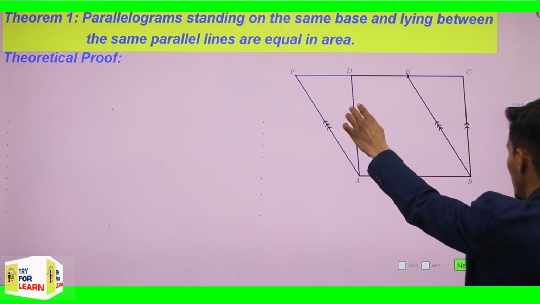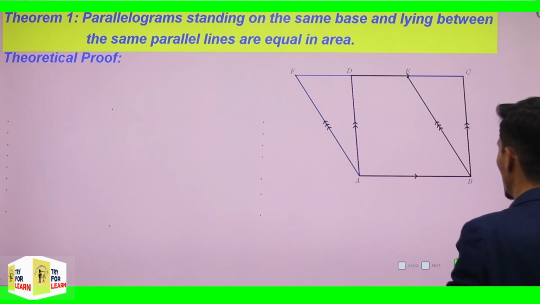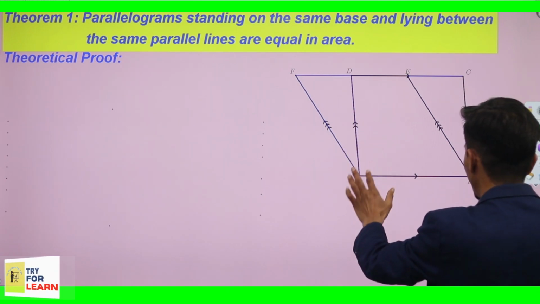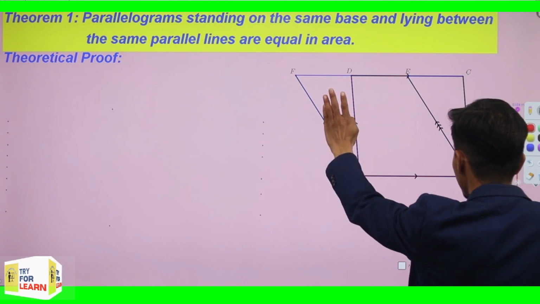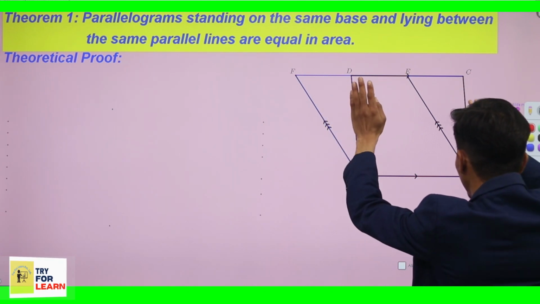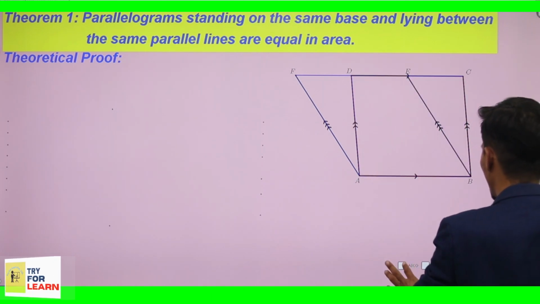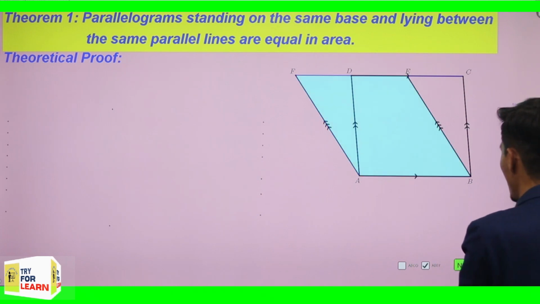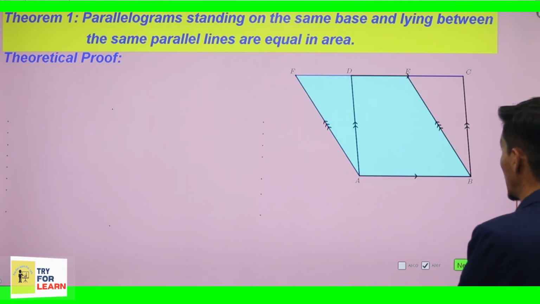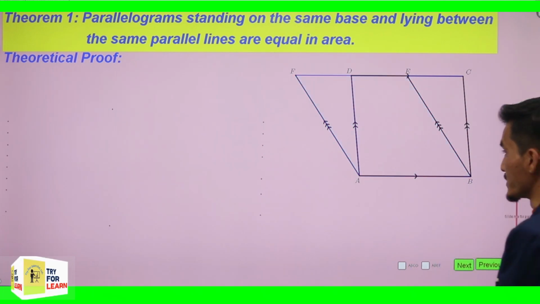If you are able to prove these two triangles are equal in area, then we can add this middle trapezium ABED to both triangles, and then we can get parallelogram ABCD and another parallelogram ABEF having the same area. Okay, let's continue our solution.